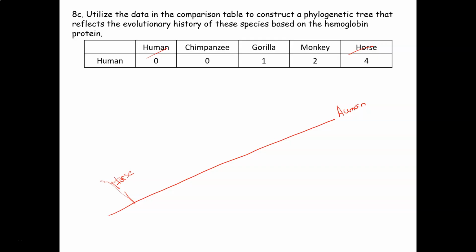And let's go ahead and just do the biggest. So the next biggest number would be that 2 for that monkey. So that means that guy's going to come here. All right, so I've taken care of that. Gorilla's got 1, so he'll be next. And then the chimp also has 0, so he'll be right here.